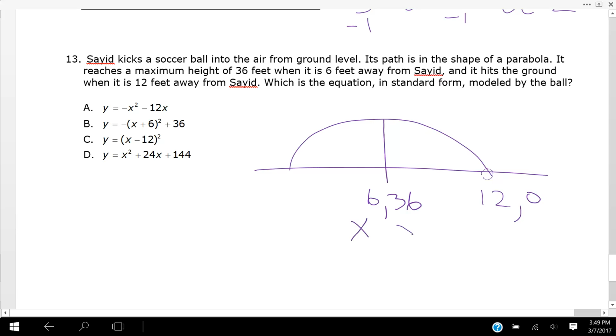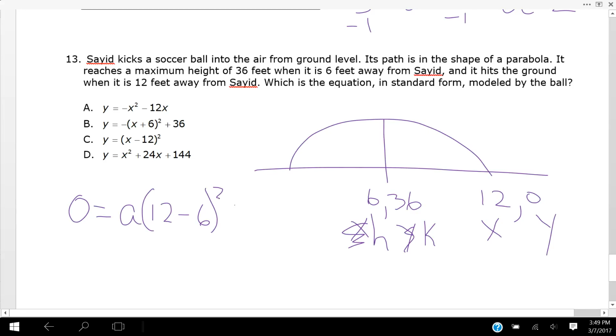So I used H, K, X, and Y. So 0 equals a times 12 minus 6 squared plus 36. 0 equals 12 minus 6 is 6, squared is 36, a plus 36.